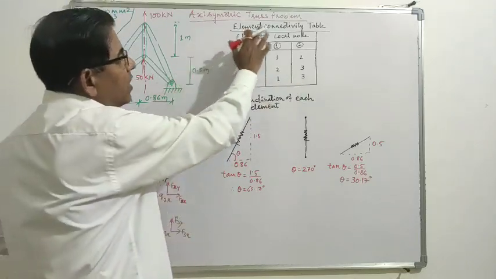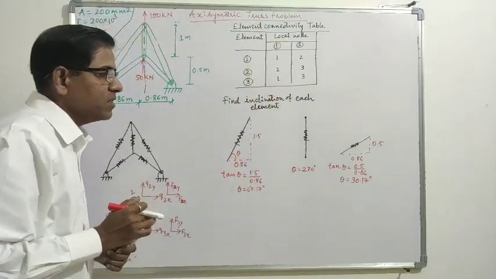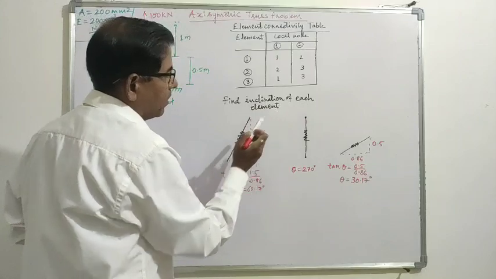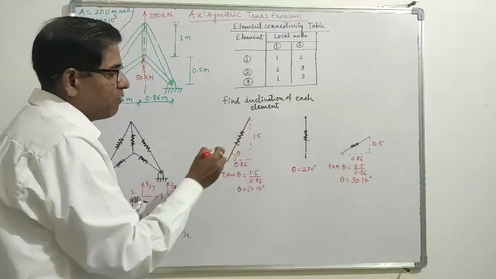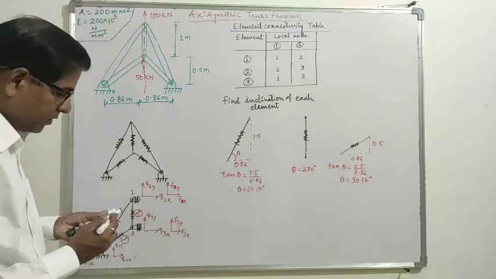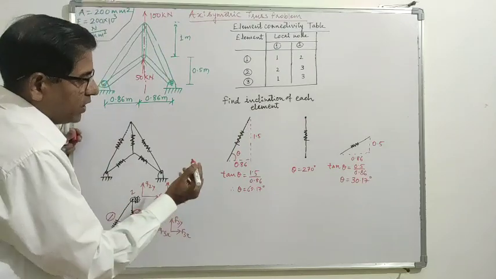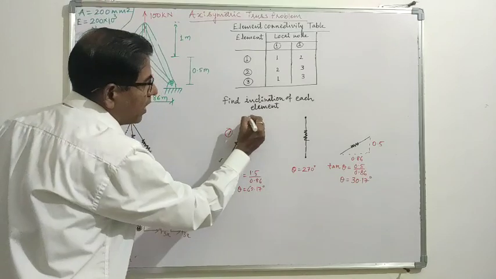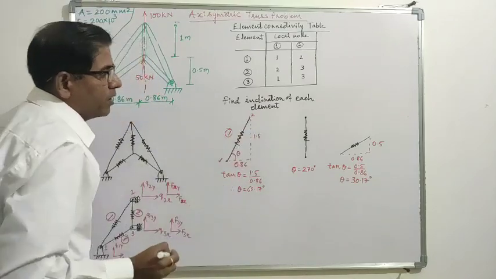So after the element connectivity table, next is to find the inclination of each element. Here we will find the inclination of all the three elements. First we take element number 1, which is made up of node number 1 and node number 2.